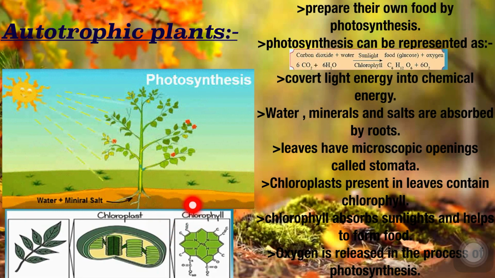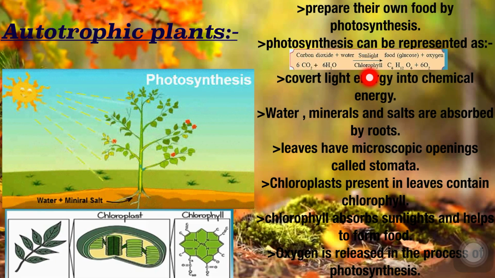Plants make their food in their leaves using water and nutrients from the soil and carbon dioxide from the air. This process is called photosynthesis. Now, photosynthesis can be represented as 6CO2, that is carbon dioxide, plus 6 moles of water, that is H2O, in presence of sunlight and chlorophyll.